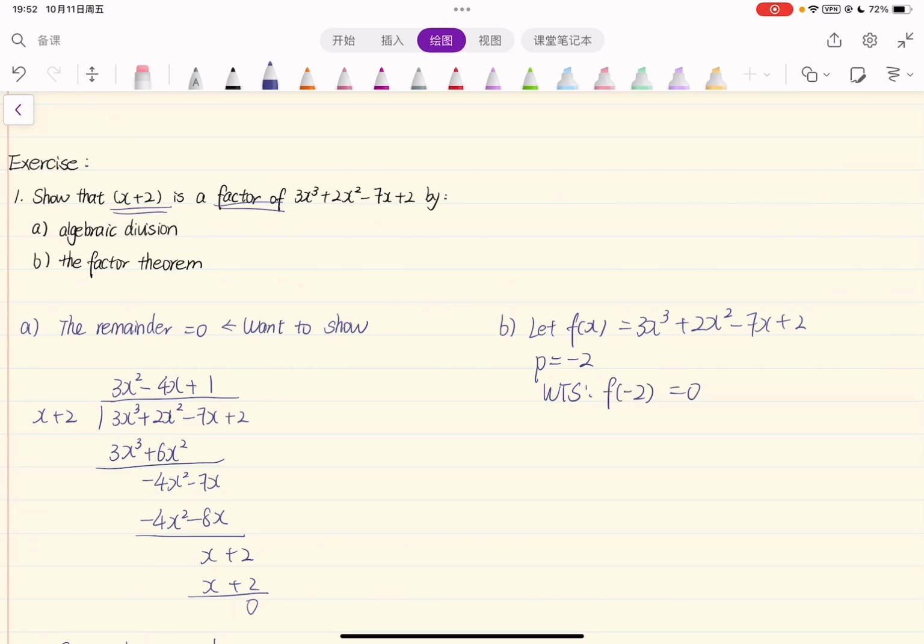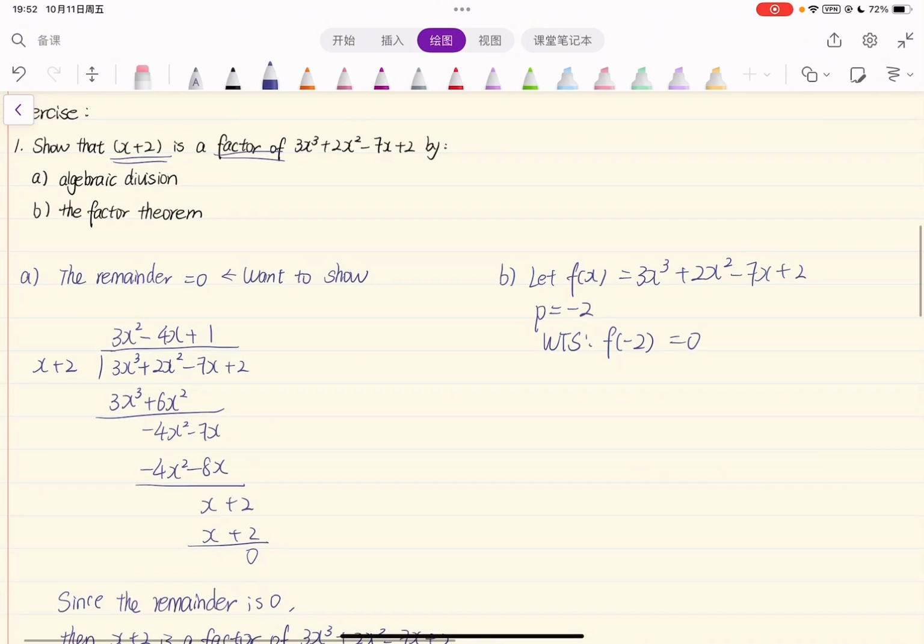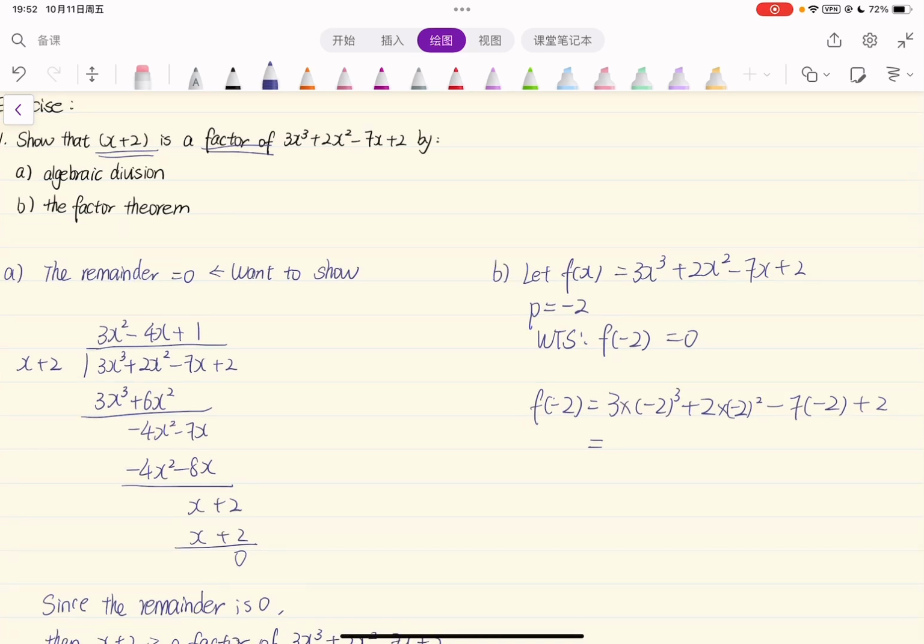So we substitute minus 2 into the polynomial. f(minus 2) equals 3 times minus 2 cubed plus 2 times minus 2 squared plus minus 7 times minus 2 plus 2, which equals minus 24 plus 8 plus 14 plus 2, that equals 0.